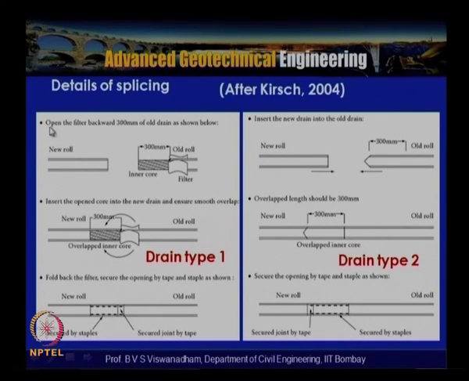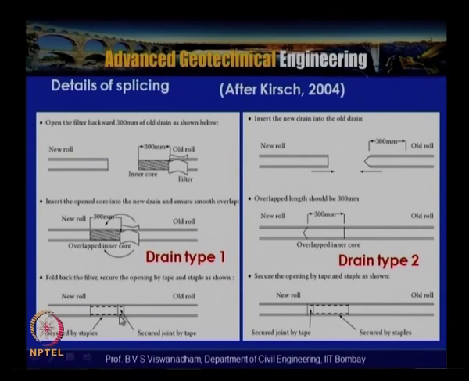In this first step, open the filter backward for about 300 mm of the old drain as shown here. Then insert the opened core into the new drain to ensure a smooth overlap, fold back the filter, and secure the opening by tape and staple as shown here.